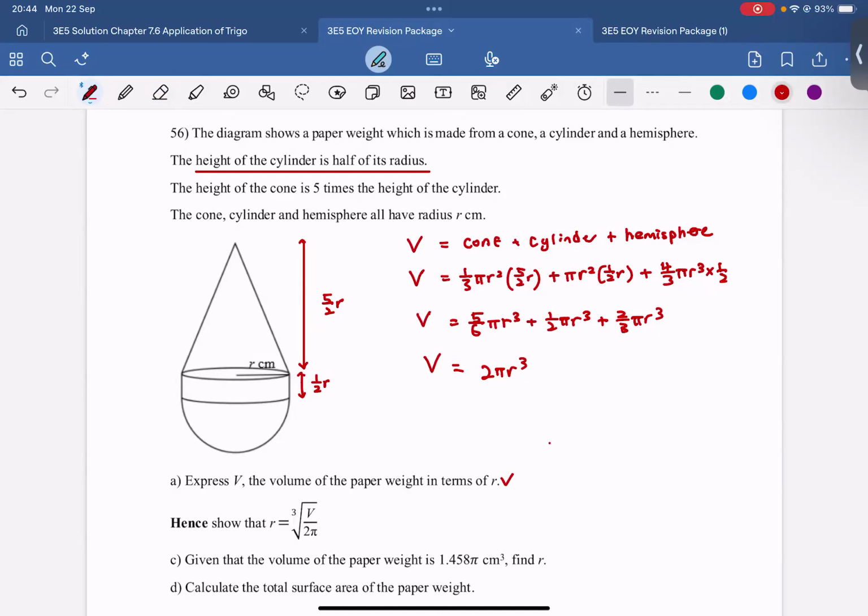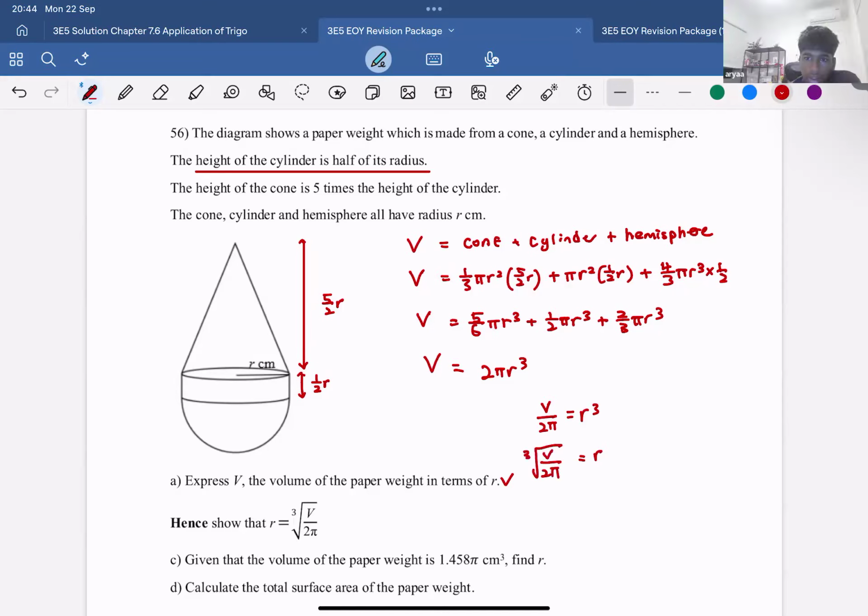So I divide by 2 pi first. After that, I just cube root. It's just your algebra.